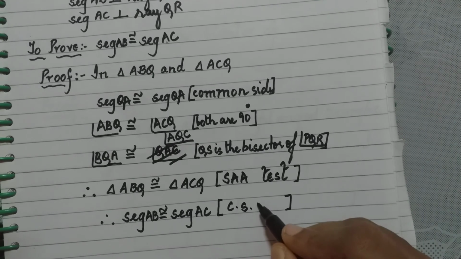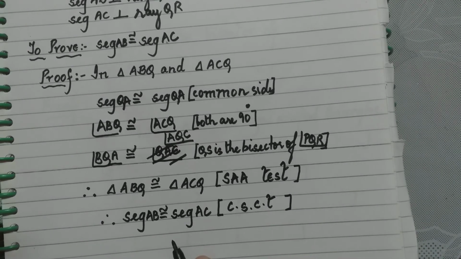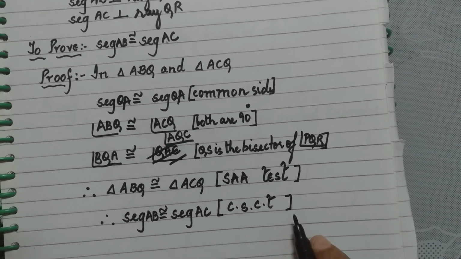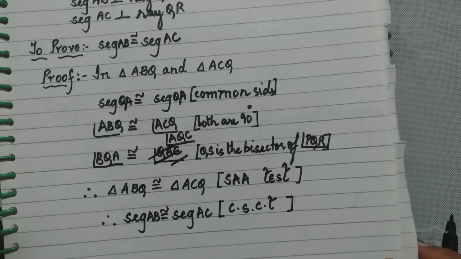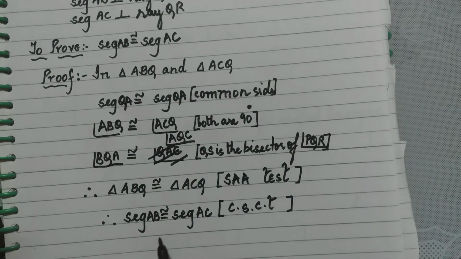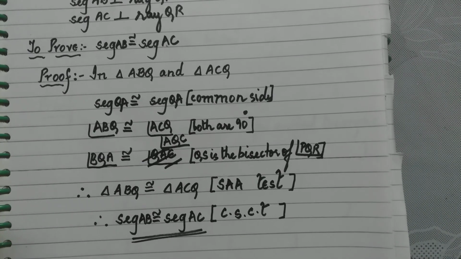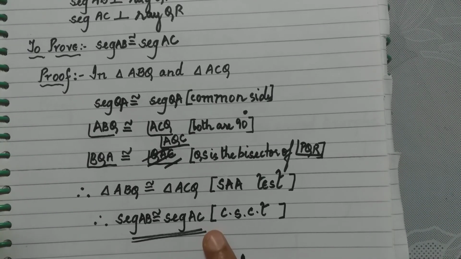Corresponding sides of congruent triangles. So segment AB is congruent to segment AC by corresponding sides of congruent triangles. Is that what to be proved? Yes, that is what to be proved. So segment AB is congruent to segment AC.